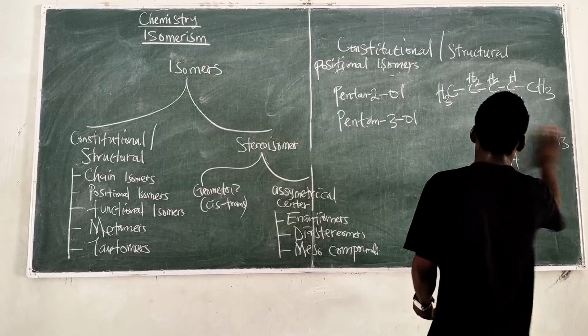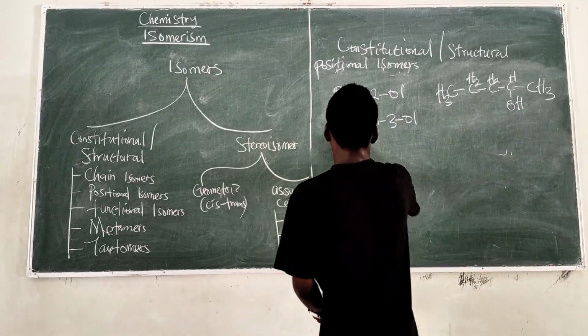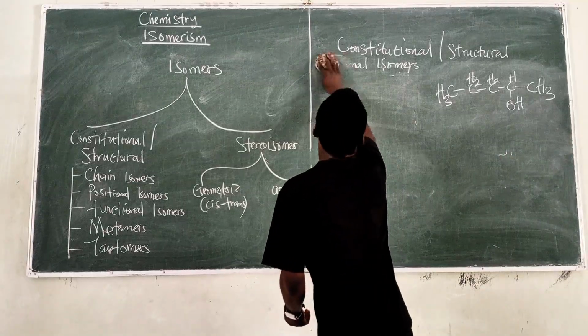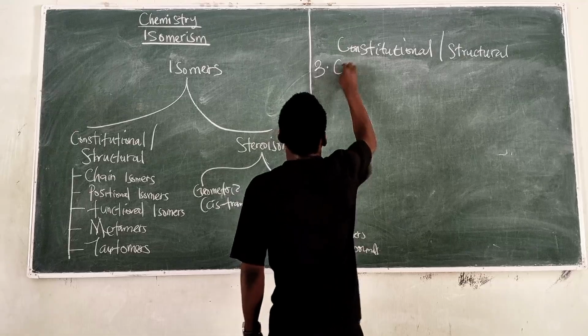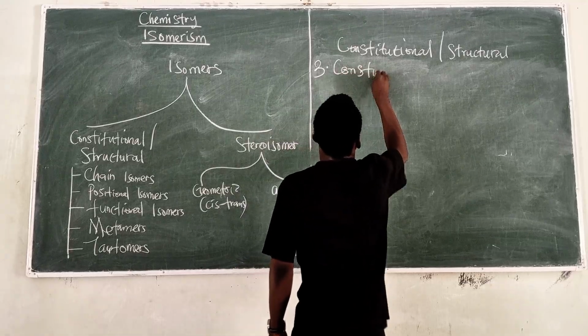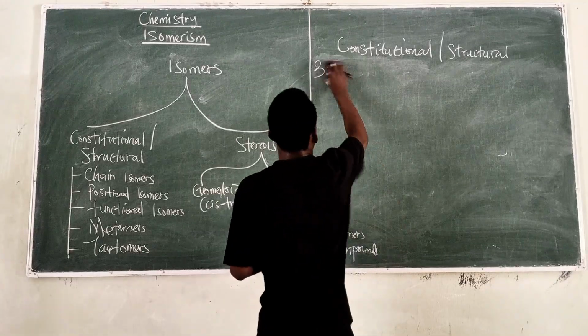The third type of constitutional isomer that we'll be looking at is functional isomers. Number 3, constitutional isomers: functional isomers.